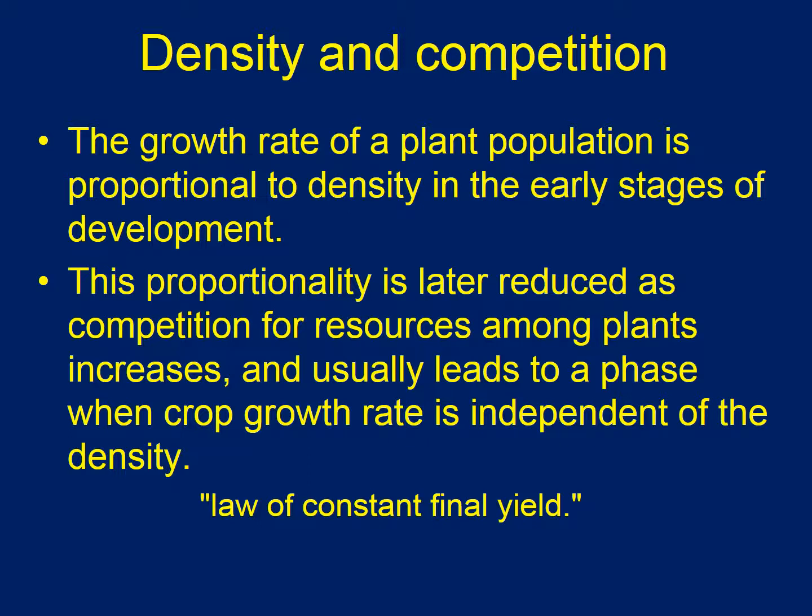Finally, we reach a phase when crop growth rate is independent of density and depends only on the amount of resources available. In that period, we talk about an independence of crop growth on plant density, and we name it the law of constant final yield.